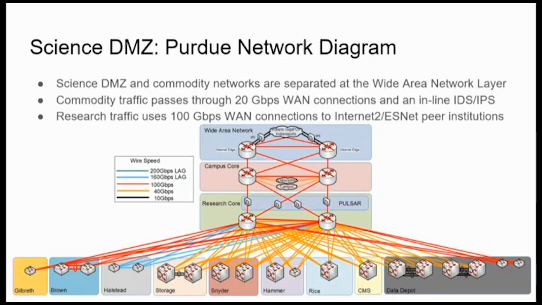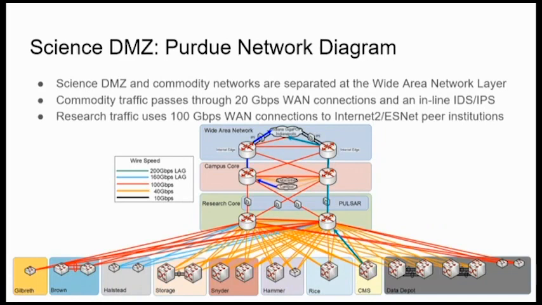The commodity network usually passes through an inline IPS. On the other hand, the research network mostly uses 100 gig fiber optic links. As you can see from some of the arrows here, let's say a traditional packet: for example, you're sitting on a laptop in one of the academic buildings, using PAL, a wireless system, and you try to access something on the internet.